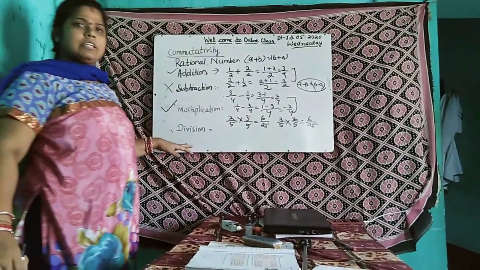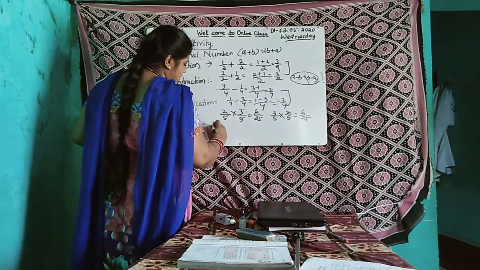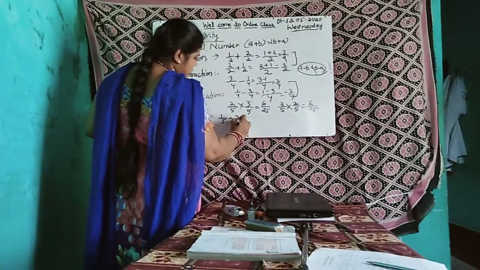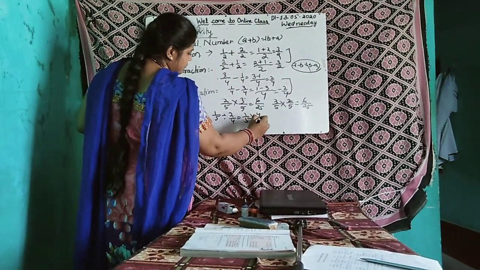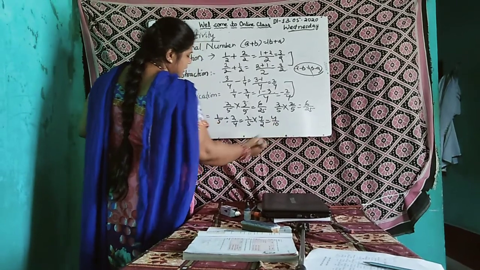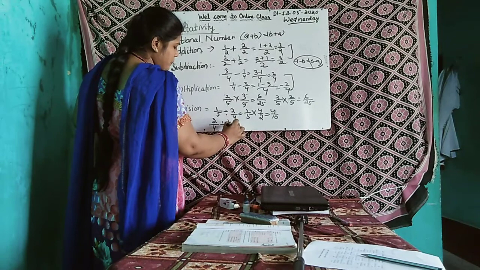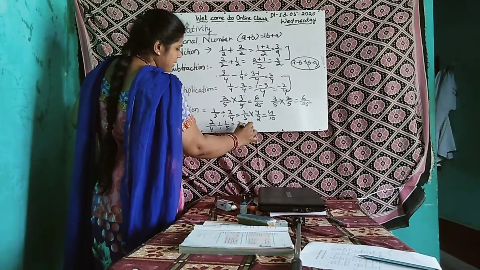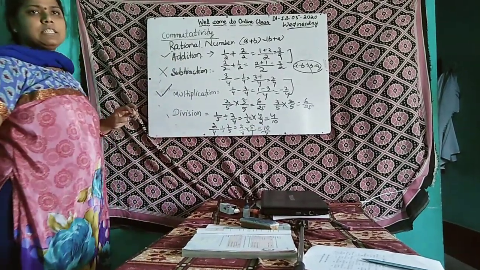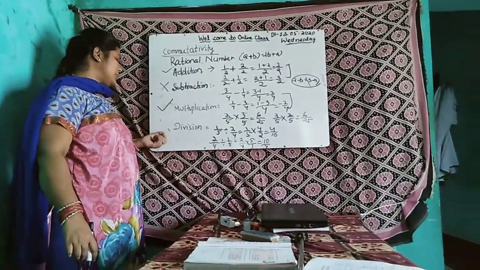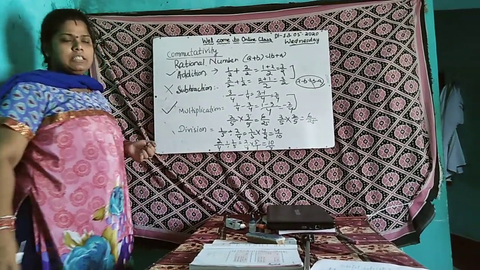Then come to division. Again take two rational numbers. Suppose 1/5 divided by 2/4. Same procedure, 1/5 into 4/2, that is 4/10. Suppose 2/4 divided by 1/5, then 2/4 into 5/1, that is 10/4. So we got unequal answers. So rational numbers are not commutative under division.